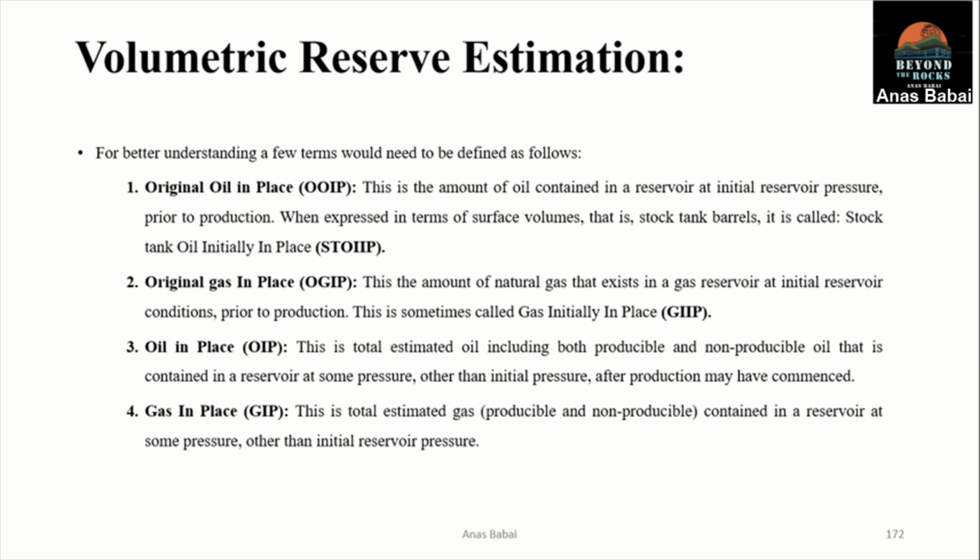We have another parameter, which is oil in place, OIP, which is the amount of oil, or the estimated oil, including producible and non-producible oil, that is contained in the reservoir at some pressure other than the initial pressure, after production may have commenced.